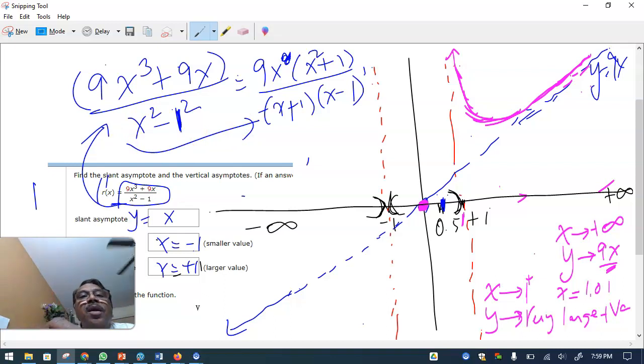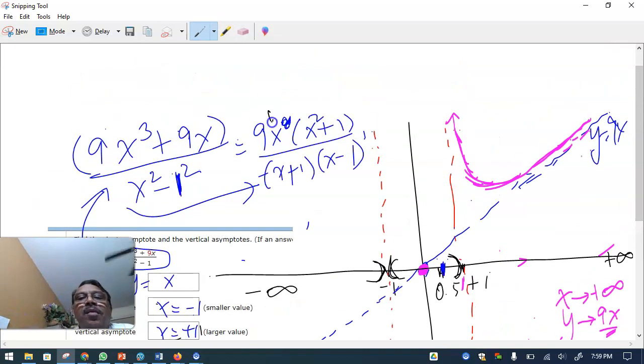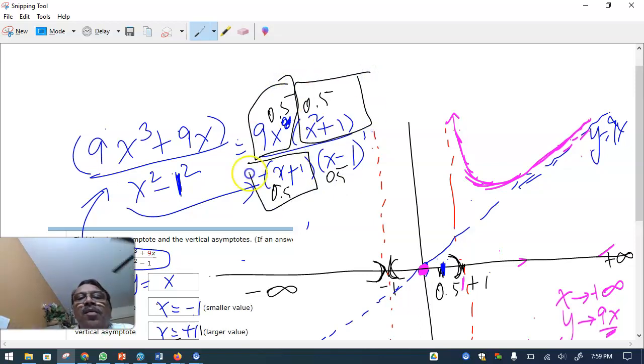Then plug in 0.5 and see. If I put 0.5 here, squared, and here also 0.5, and this is 0.5. Clearly, this is positive, this also is going to be positive, this also is going to be positive.